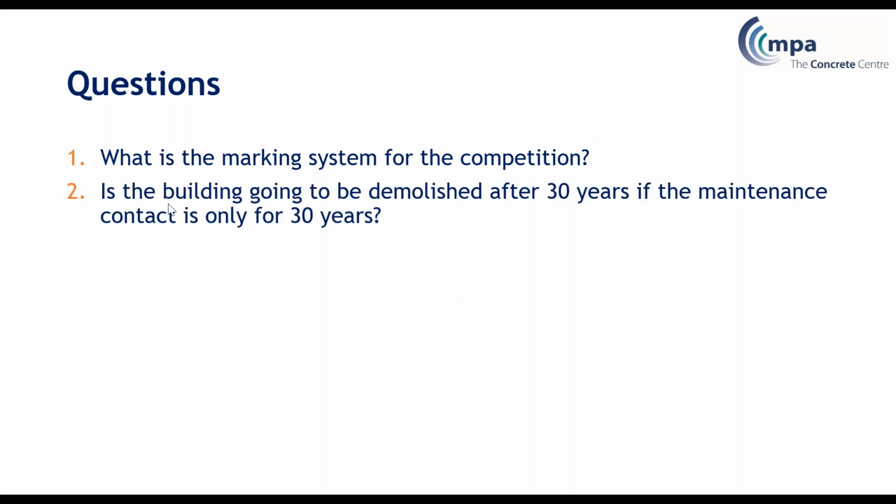This was the first question that came in for this webinar: is the building going to be demolished after 30 years if the maintenance contract is only for 30 years?